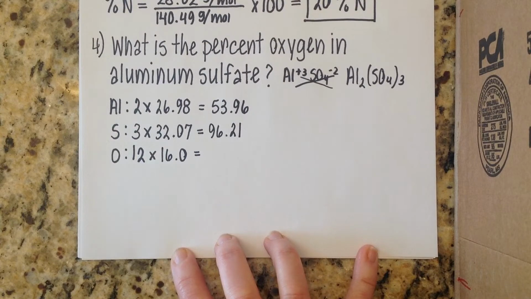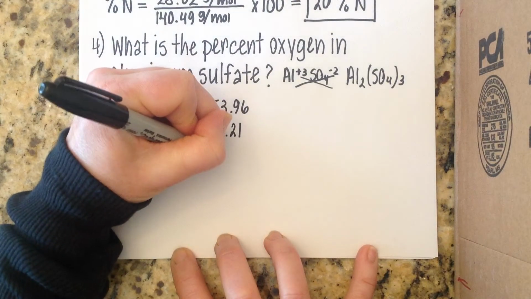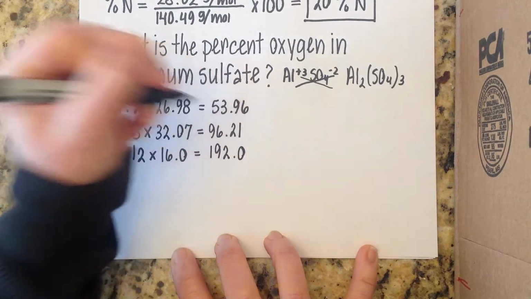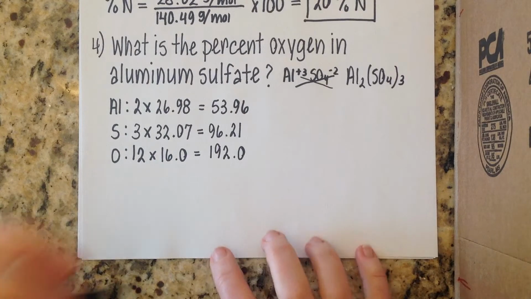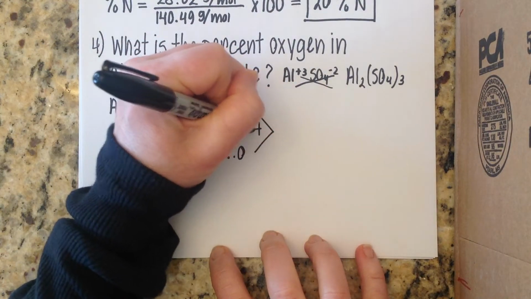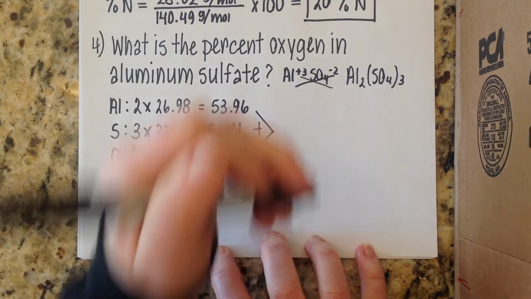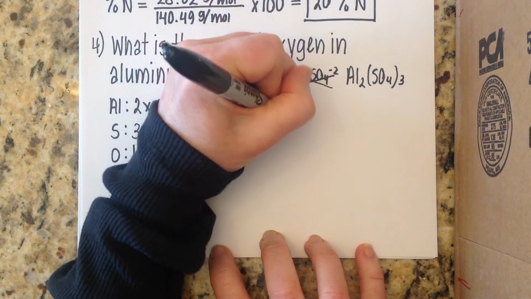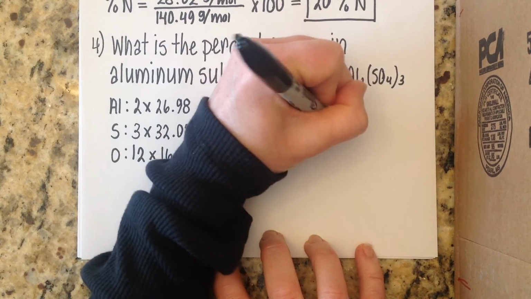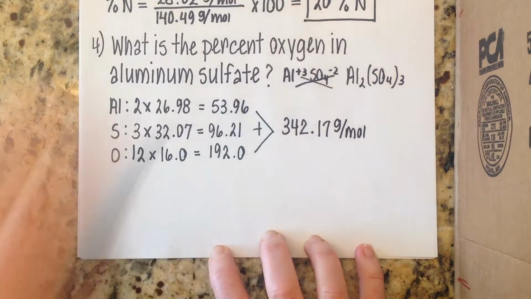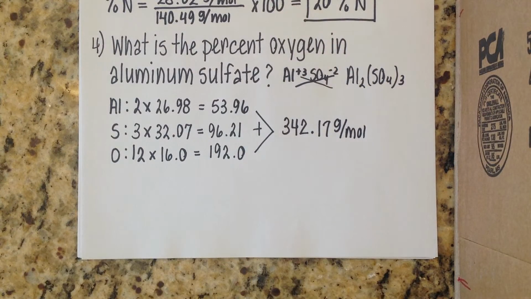And 12 times 16 is 192.0 grams per mole. And again, technically I really should be writing gram per mole here, but this is still kind of in the scratch work phase. Add them together and you get 342.17 gram per mole.